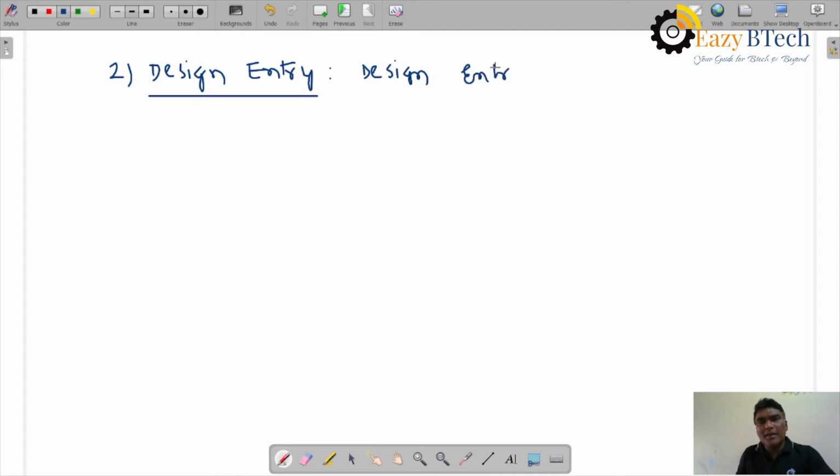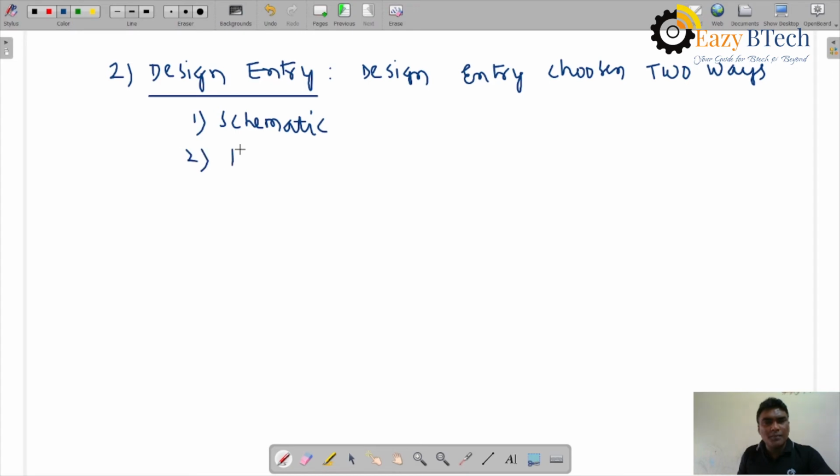Design entry can be done in two ways. One is schematic entry, and the second one is HDL entry.